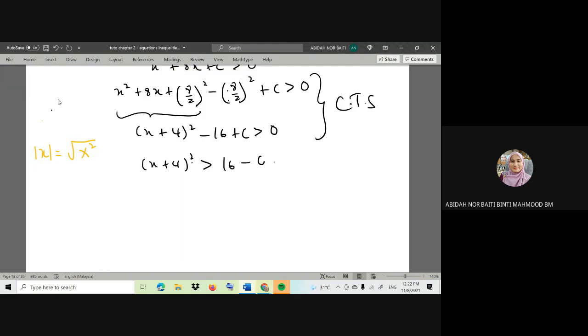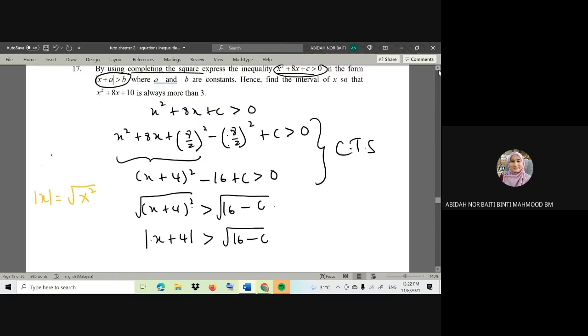Macam mana nak jadikan dia modulus? Letak square root both sides. Okay. So kat sini jadilah modulus. Modulus of x plus 4 greater square root of 16 minus C. So itulah yang dia nak. Dia suruh kita tukar kepada bentuk tu ya.